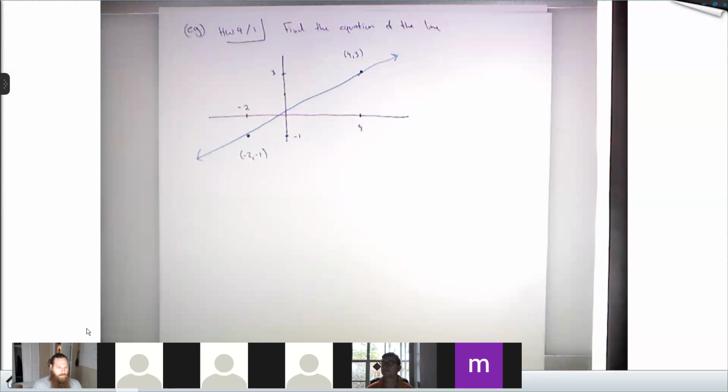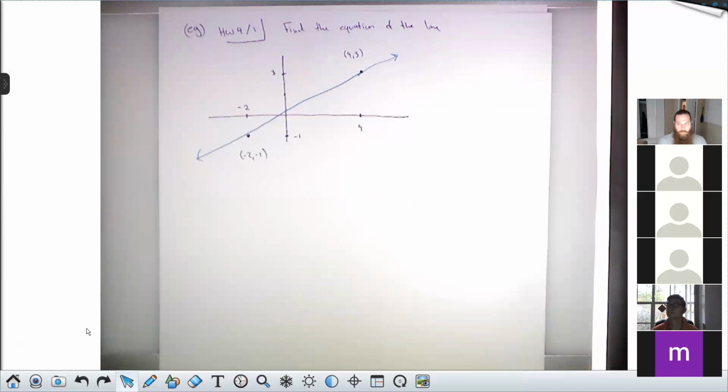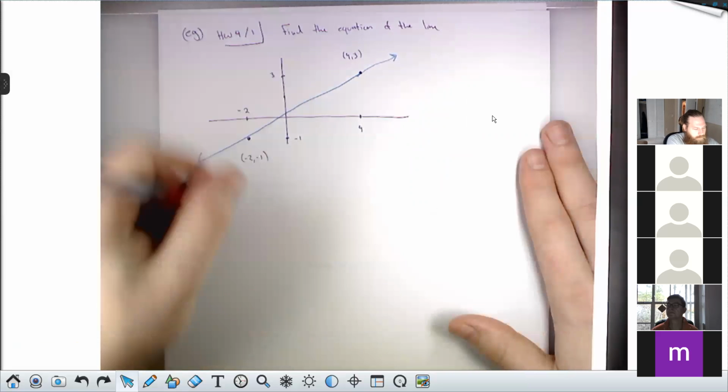The easiest way to do these is with the point slope formula, which means you need 2 things. You need a point and you need a slope. So we'll calculate first the slope.